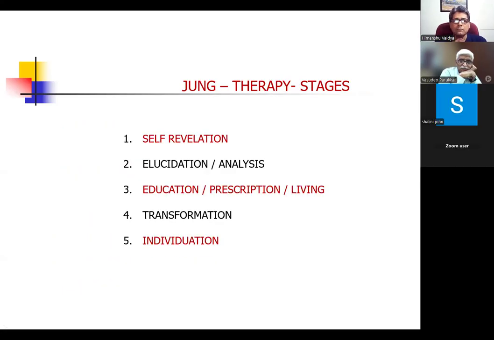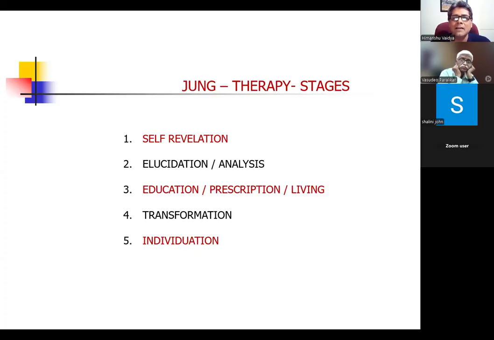Another way of describing the same process is this. This is also Jungian therapy in stages, but the process described differently. Some people use this model. They say the first stage should be of self-revelation of the client, not of the therapist.